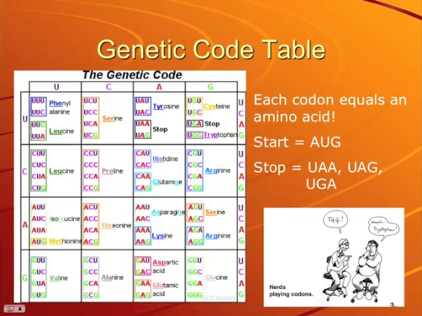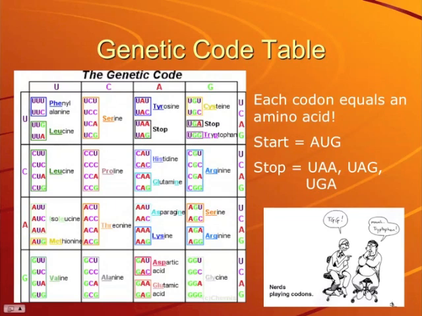The promoter codes for the start codon, which then makes methionine. So every single one of your amino acid chains is going to start with methionine. Then there are 3 stop codons, UAA, UAG, and UGA. You'll see them in our table, and they just say stop next to them. That makes sure that the gene is ended.